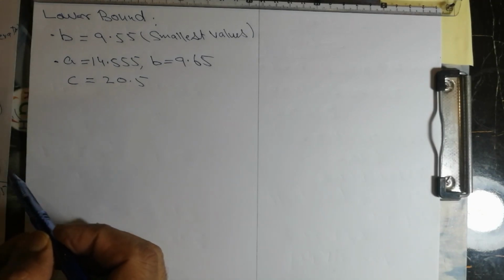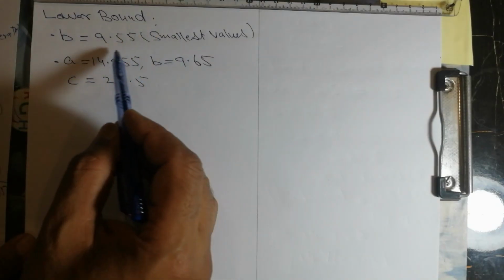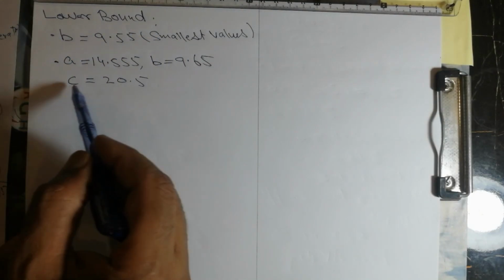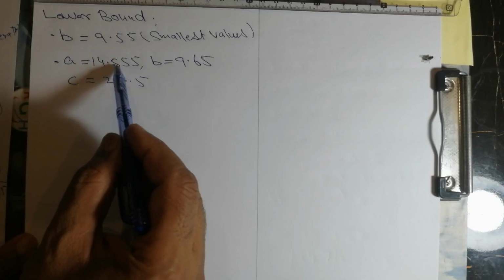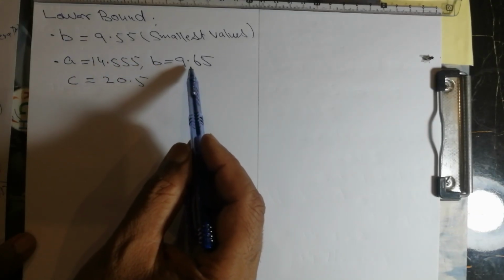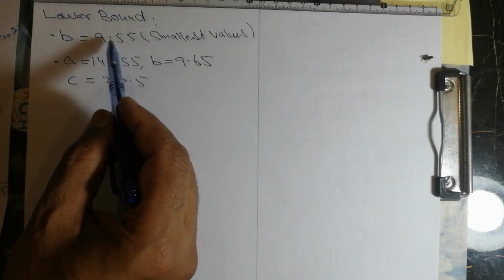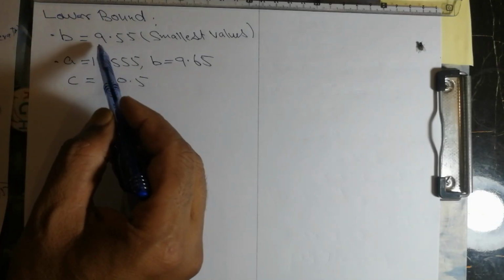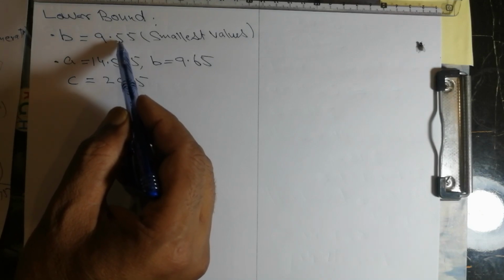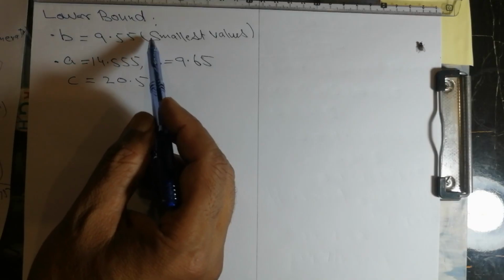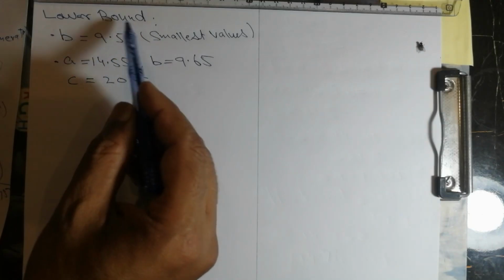For the lower bound, we need the smallest value, the lower bound values, in the numerator, but in the denominator it will be opposite. So sorry, in the lower bound we took 9.55, which is the smallest value, but in the denominator it will be opposite to the numerator values.